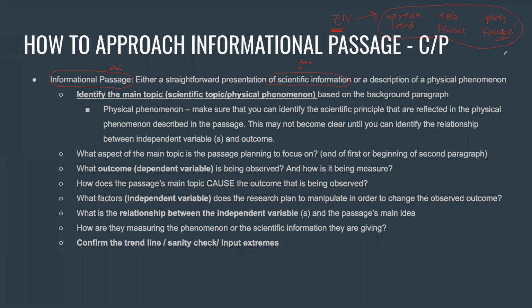For example, it might be a passage that's really only talking about the trend line on electronegativity, right? So this might be the key information, the straightforward presentation of scientific information that you already know. That might be what they're looking to do and tell you about, right?